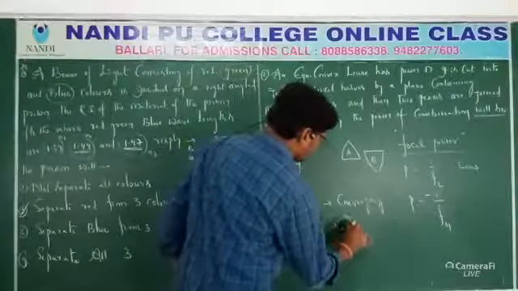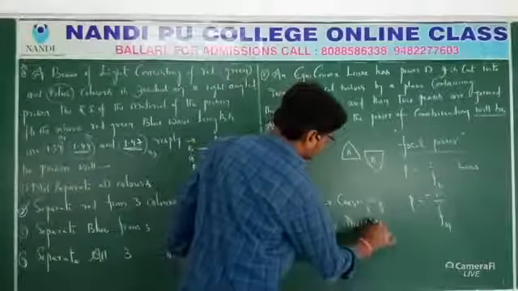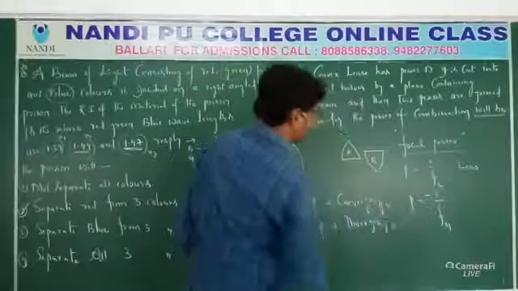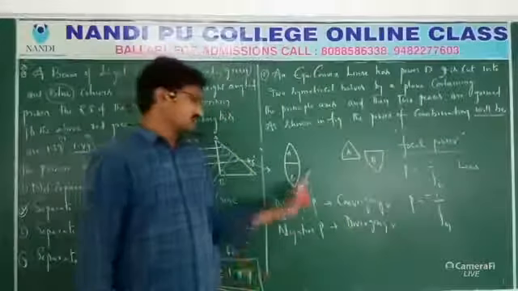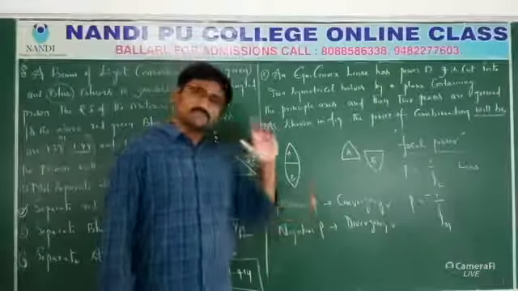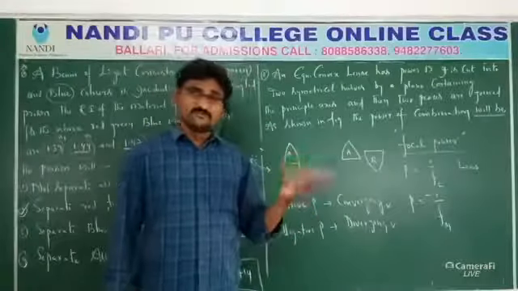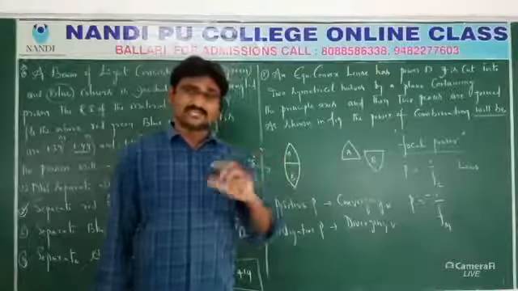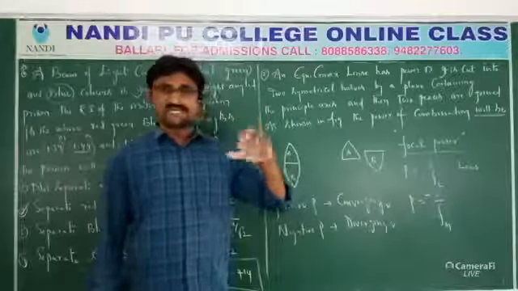Negative power gives diverging. This is the basic idea to understand lens-related questions. So power is positive or power is negative. For myopia and hypermetropia, what is the correction of myopia?